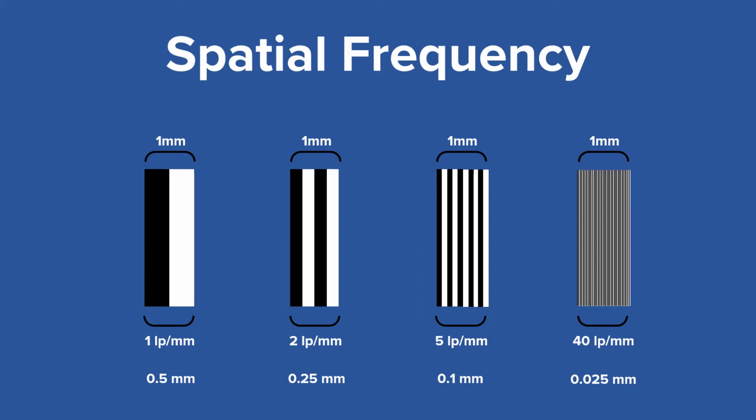At 2 line pairs per millimeter, you can distinguish an object that is 0.25 millimeters in length. At 5 line pairs per millimeter, you can distinguish an object that is 0.1 millimeters in length.